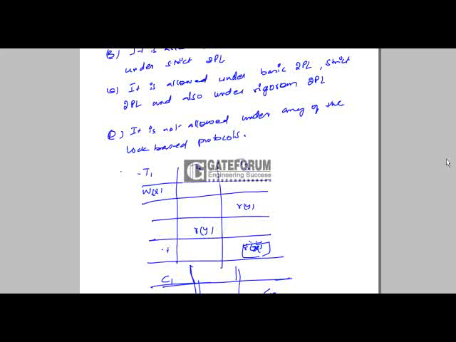Because even if it releases, there are no further read or write operations for transaction 1. So this can release this write lock, and once it releases, T3 can use it. T3 can read data item X by acquiring the lock which is released by T1.